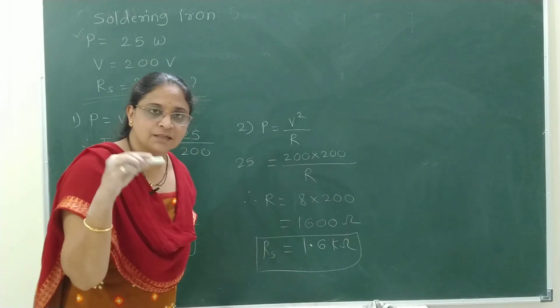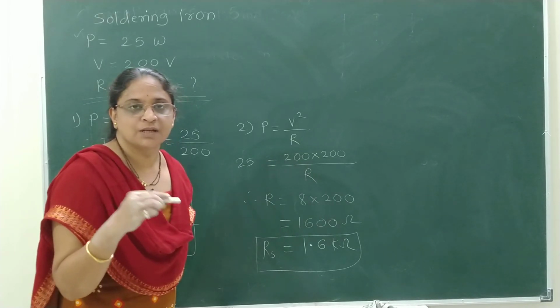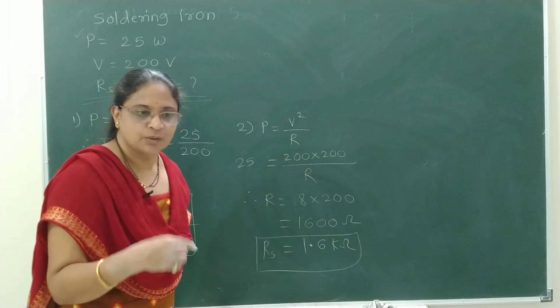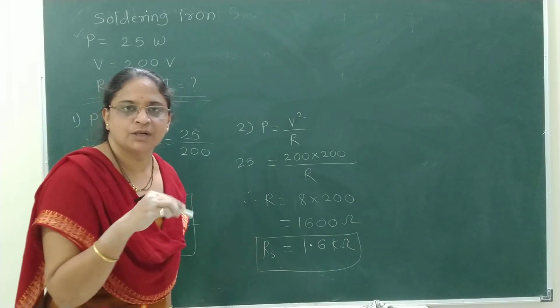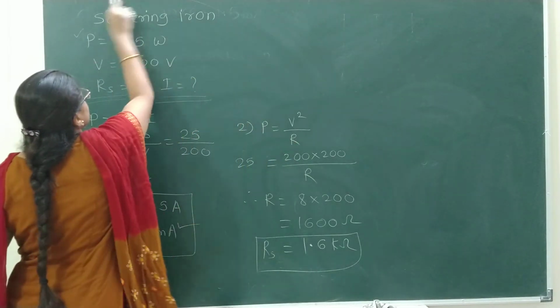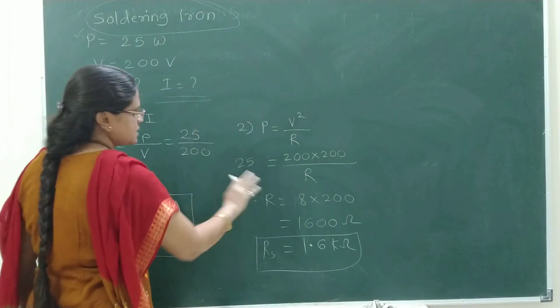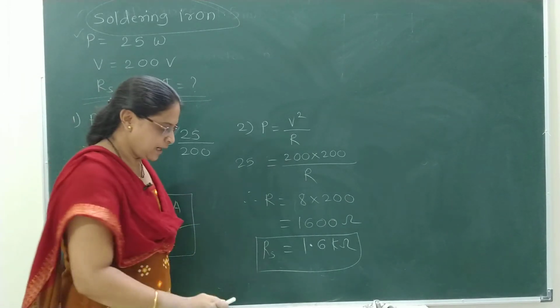So by heating the terminal of that component and keeping soldering material closer to it, which gets melted, that fixes that particular terminal of component on printed circuit board. So for that we need soldering iron. So this is the current and resistance calculation of soldering iron.